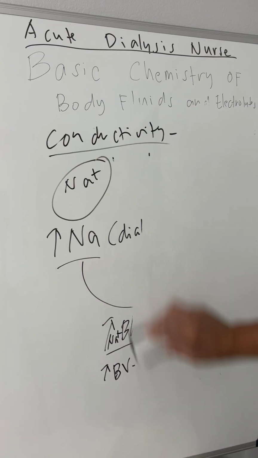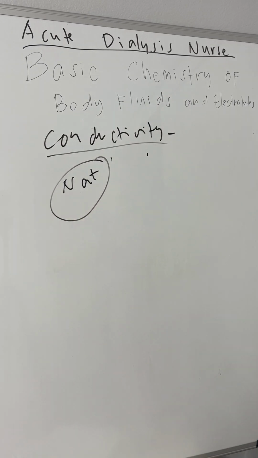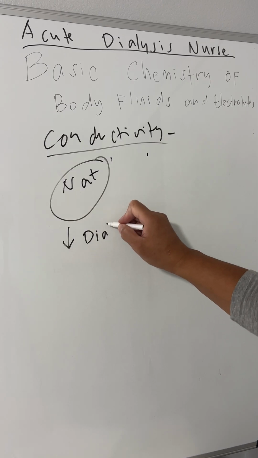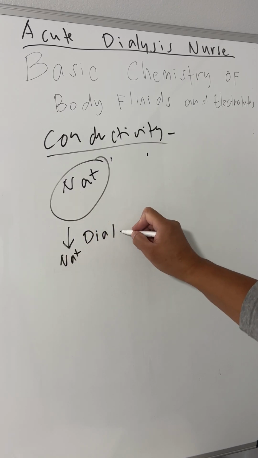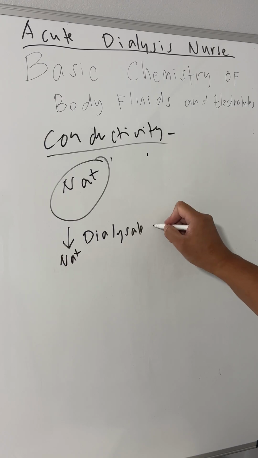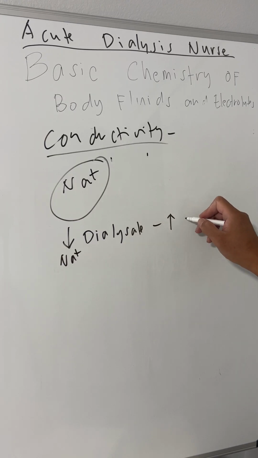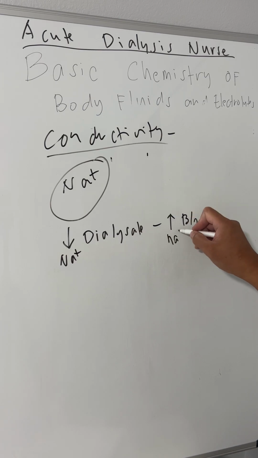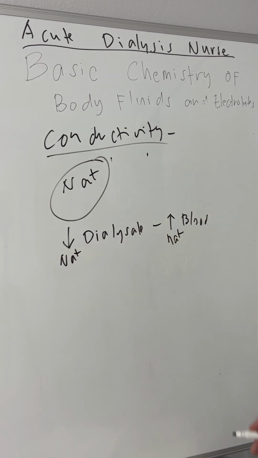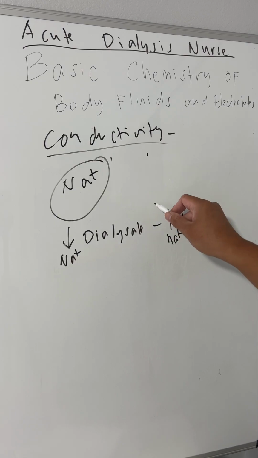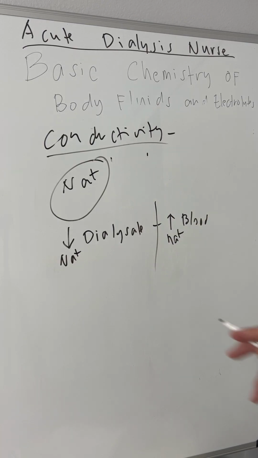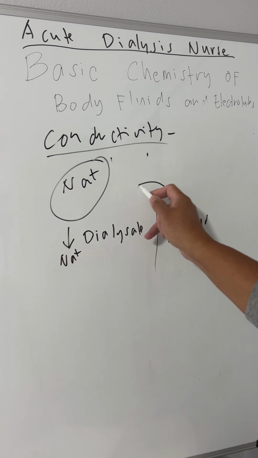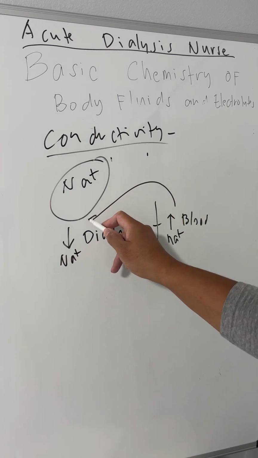Okay, what if you have low sodium in your dialysate? Let's say low sodium in the dialysate, and then high sodium in the blood. It means the sodium in the blood is higher than in the dialysate. Again, this is your semi-permeable membrane, by the way. Again, solute goes from an area of higher concentration by diffusion to an area of lower solute concentration.